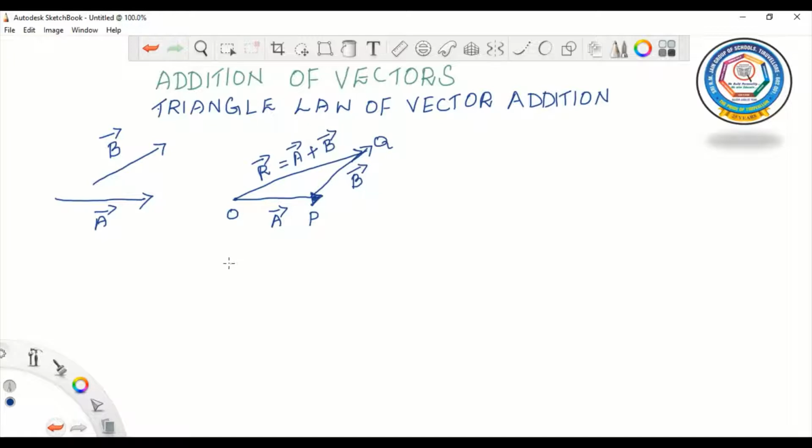So we can write OQ vector is equal to OP plus PQ, or else R is equal to A vector plus B vector.